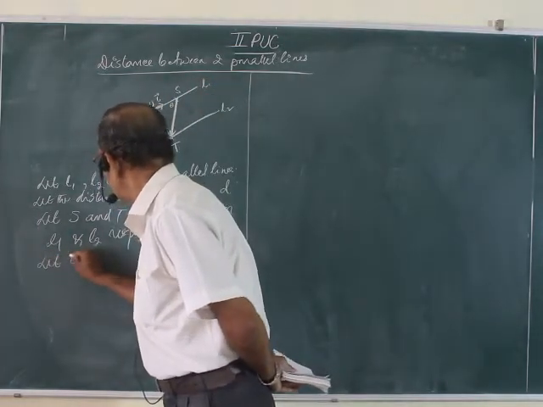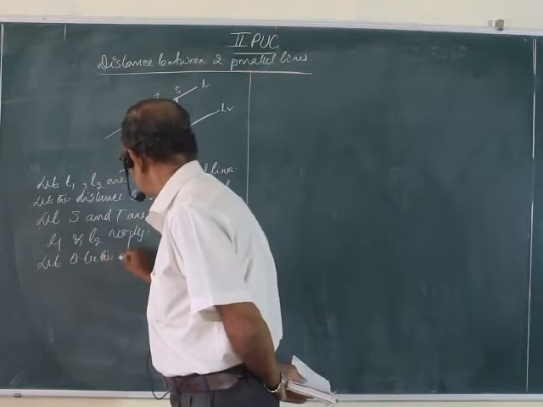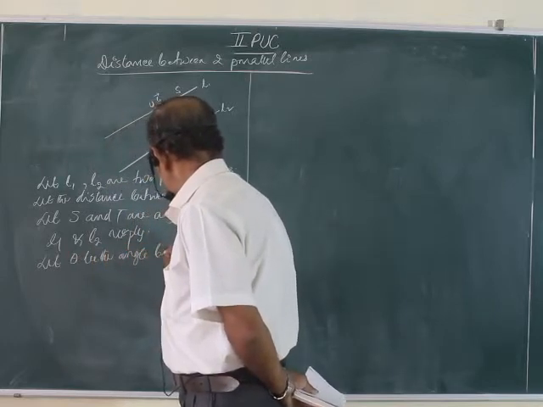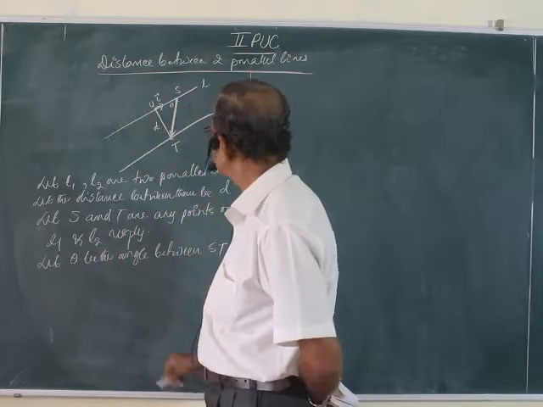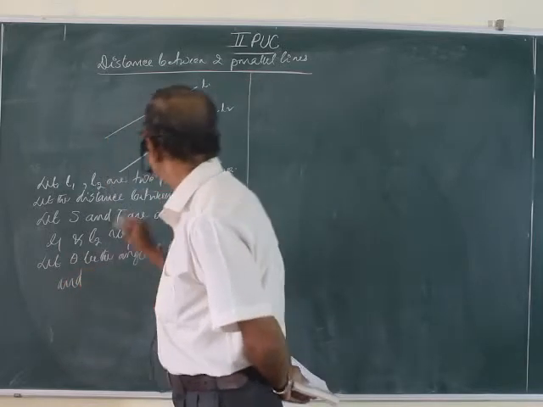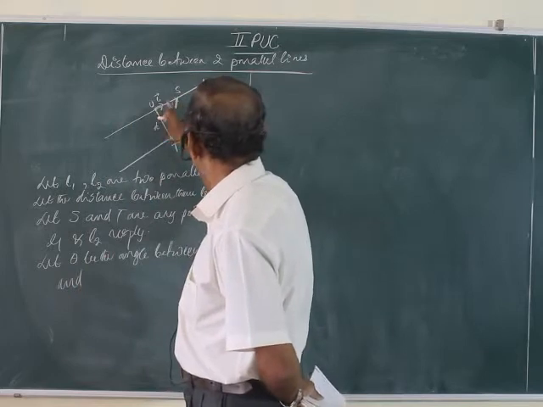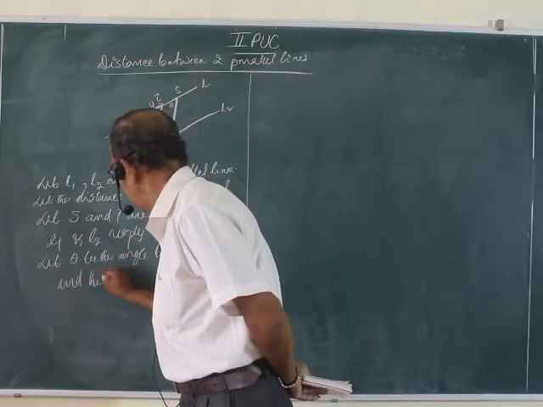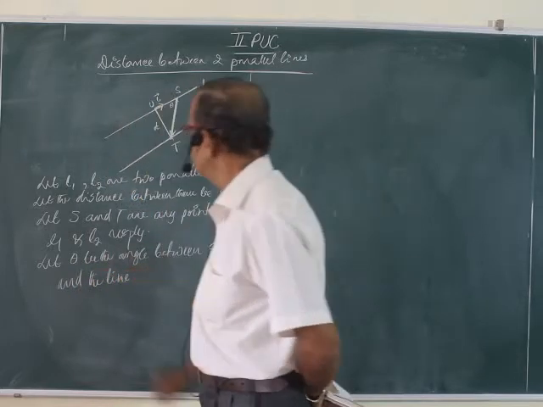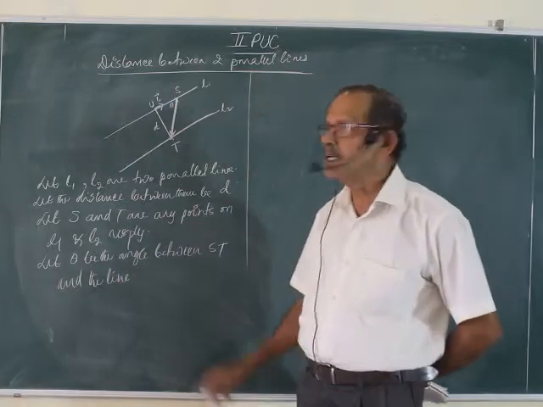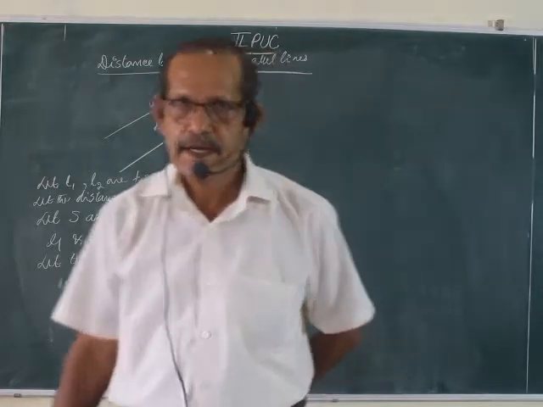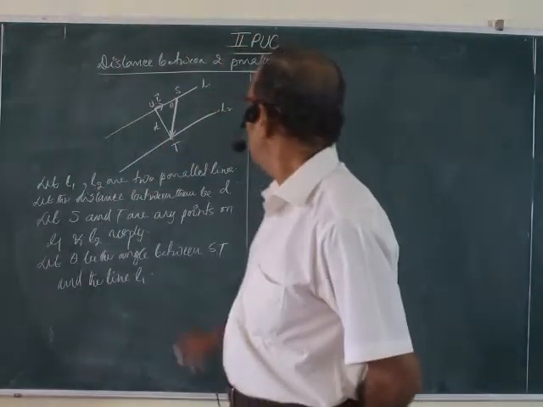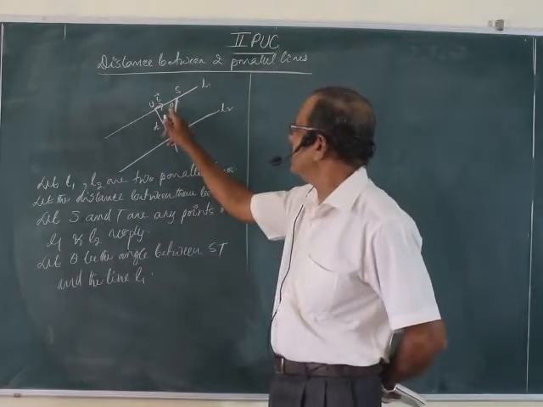Let theta be the angle between ST and the line. Which line? Line L1. L1 and L2 are parallel. The angle between ST and the line is theta.